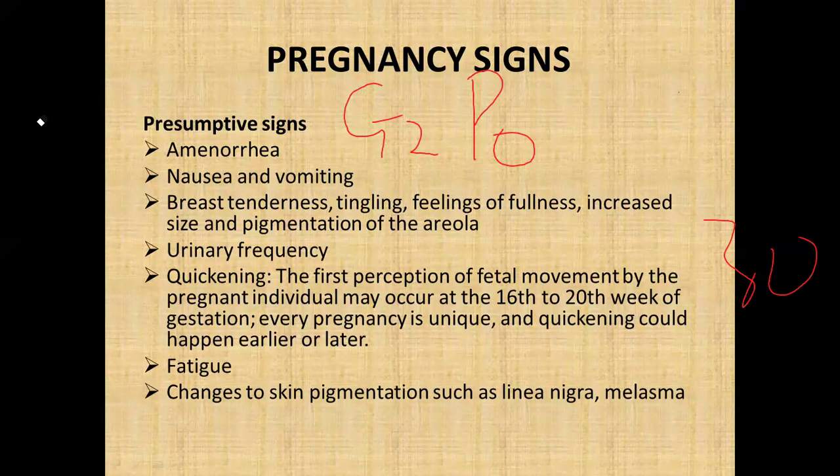Why? Because we only determine the parity after the final status of the current pregnancy is known. Are you getting the point I'm making? Someone could have G2P0 written in her book. The person is currently pregnant and had one previous pregnancy. The one previous pregnancy plus the current pregnancy make the gravidity two.